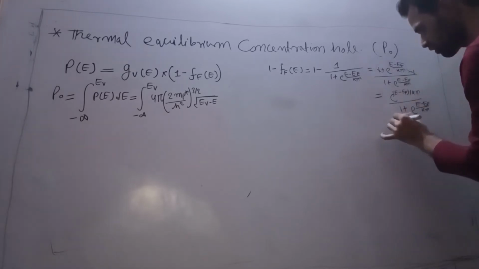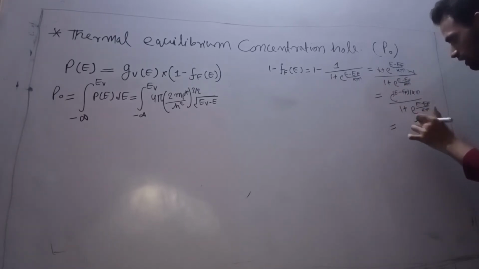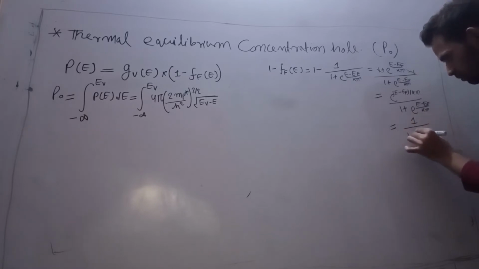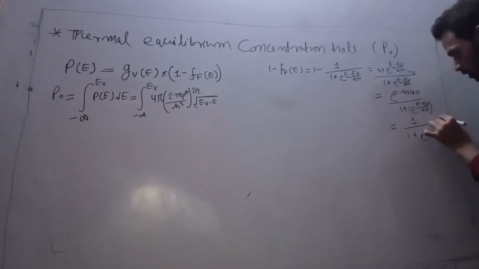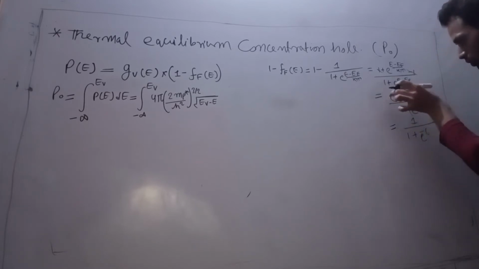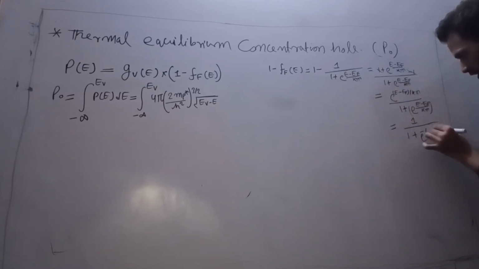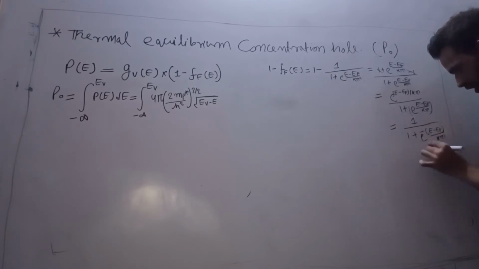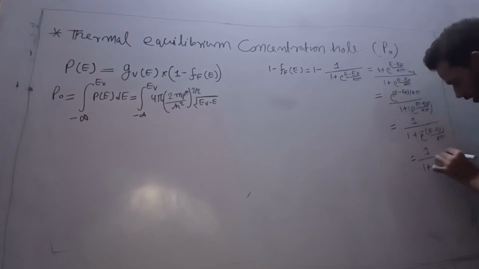Okay, so now when you take this in the denominator, it will come in inverse. So we get 1 by 1 plus e to the power minus (E minus EF) by kT, or you can say this is nothing but 1 by 1 plus e to the power EF minus E by kT.